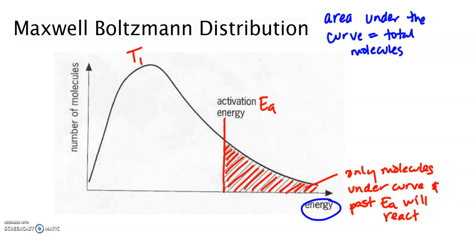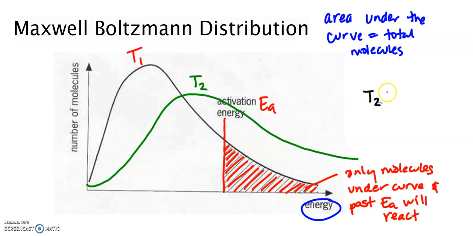Now what can happen is, if we increase our temperature, what do our molecules do? If I increase my temperature, my curve is actually going to look different, because my energy is going to increase, and my curve is going to look more like this. So I'm going to label this T2. I'm going to make a little note over here that T2 is greater than T1. So what does this mean? What happens when I increase the energy? Well, now look at how many are under the curve and past the activation energy.